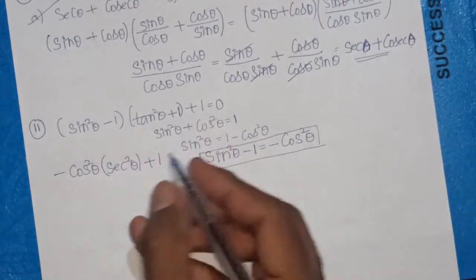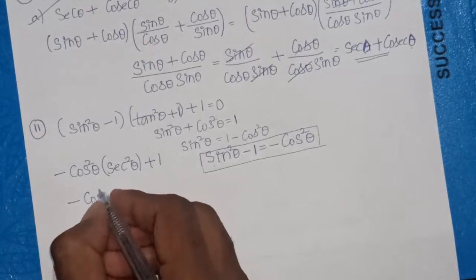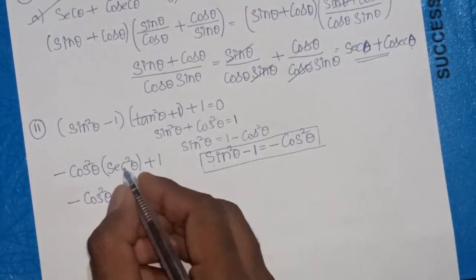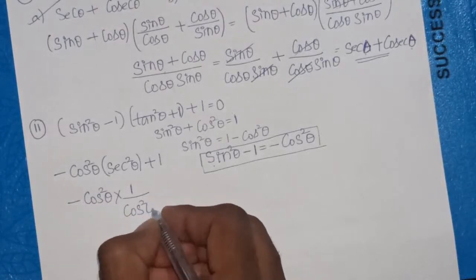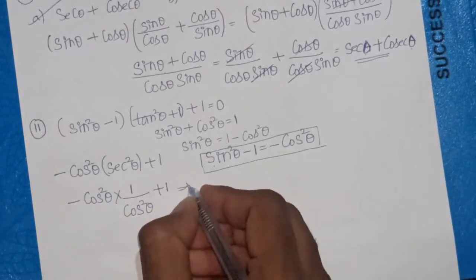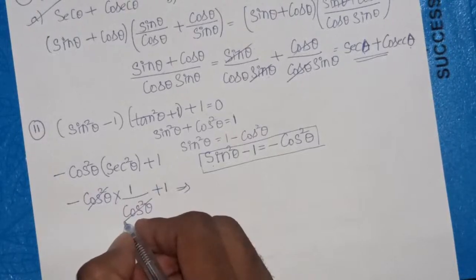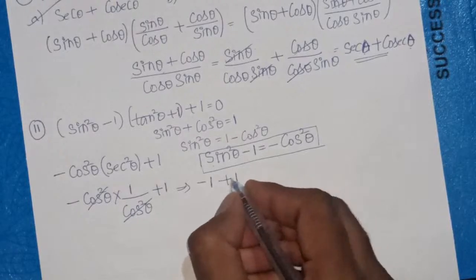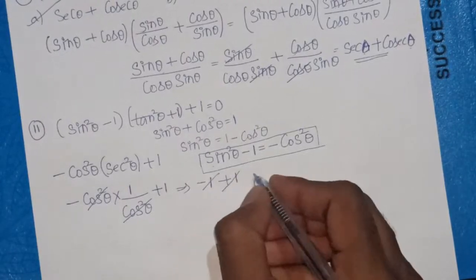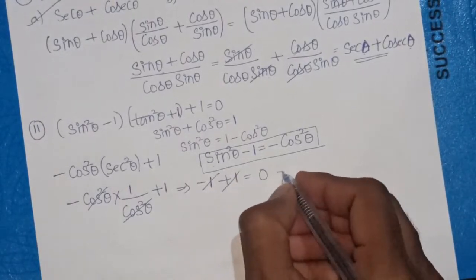So minus cos square theta into secant square, which can be written as 1 by cos square theta plus 1. Cos square theta is cancelled out and we are left with minus 1. Here plus 1. Minus 1 plus 1 can be cancelled out and we will be left out with 0, which is our RHS.